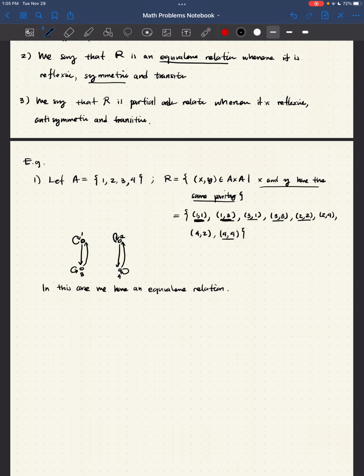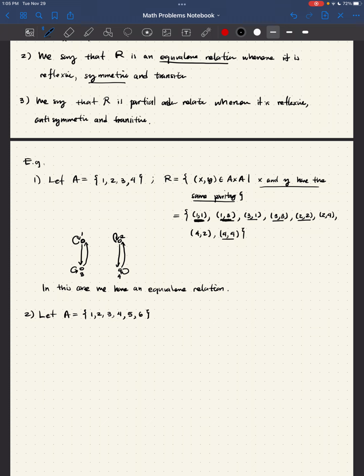Now, let me provide a second example. This time, let A consist of the following set of numbers: 1, 2, 3, 4, 5, and 6.